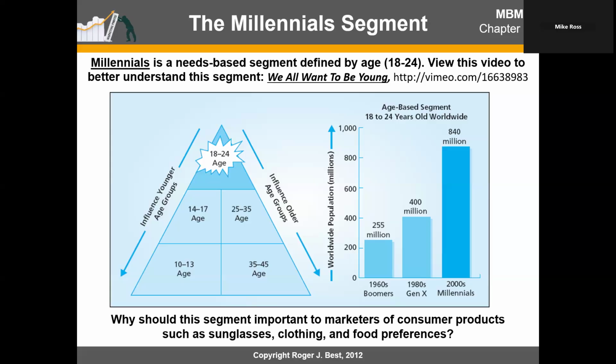And so as producers of goods and services, we want to customize our product and service offerings based upon, in this case, the different needs segments that present themselves or that exist.